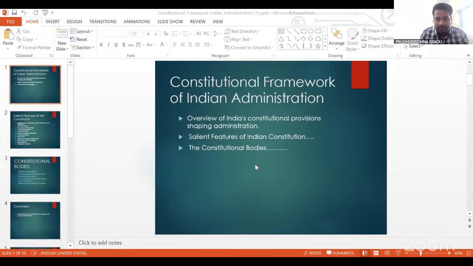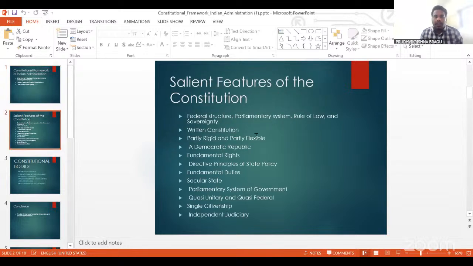Coming to some of the salient features, here we learn and discuss some of the federal structures, parliamentary system, rule of law, and sovereignty, which also include features like a written constitution, partly rigid and partly flexible, a democratic republic, fundamental rights, directive principles of state policy, fundamental duties, secular state, parliamentary system of government, quasi-unitary and quasi-federal, single citizenship, and independent judiciary.